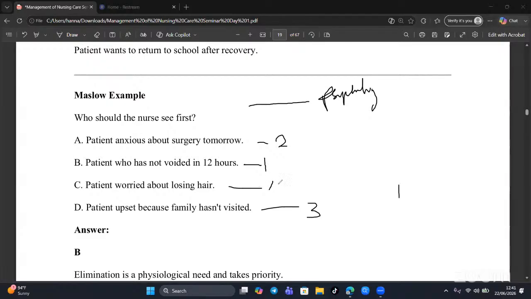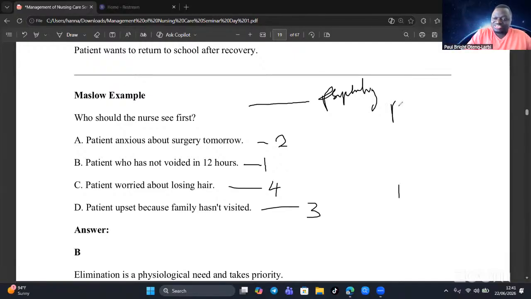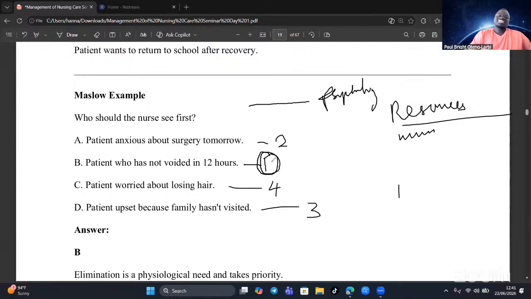Definitely C. So, as a nurse manager, the resources you have on your ward are few. So the little resource you have, you give it to this person to stabilize this person. That is what we call management of nursing care. Subtopic: prioritization.